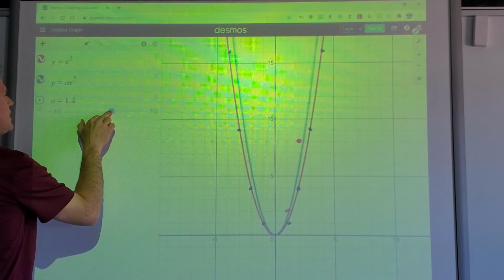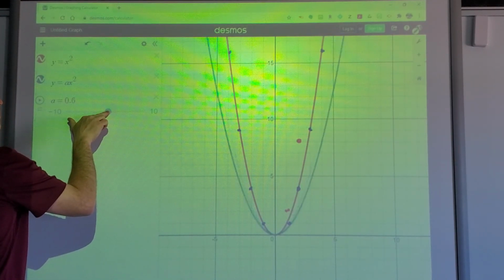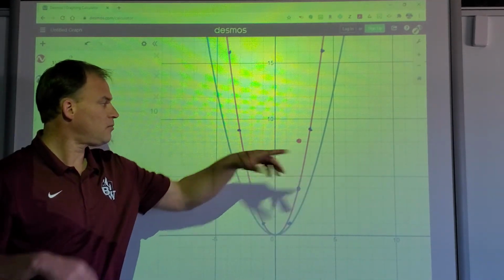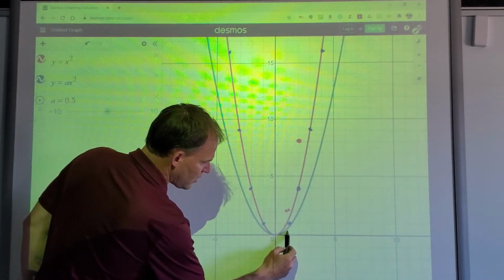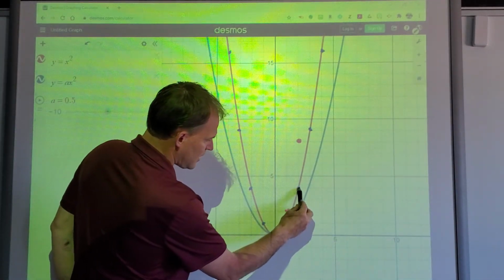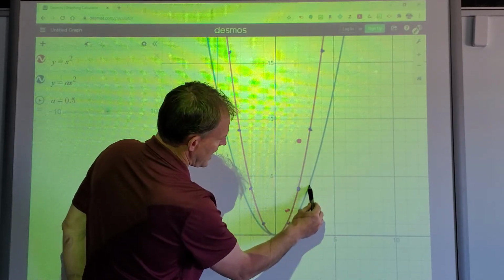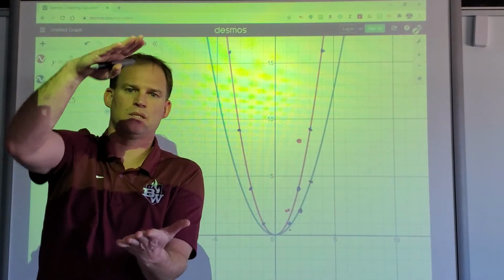So what happens if I take something less than 1? Well, let's take this down and go about a half. All right, look, it's out here. It moved outside. Well, why? Now instead of being at 1, it's at a half. Instead of this being at 4, it's at 2. Instead of this being at 9, it hits at 4 1/2. Okay, I'm kind of squishing it.